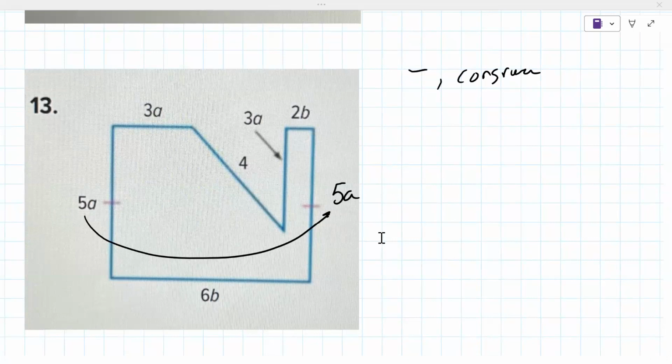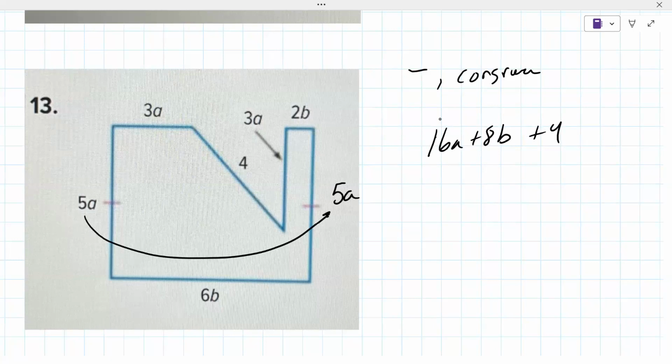So could you calculate the perimeter for us, please, of this one? Yeah. It's kind of like the last, just different numbers, different letters. 16a plus 8b plus 4.